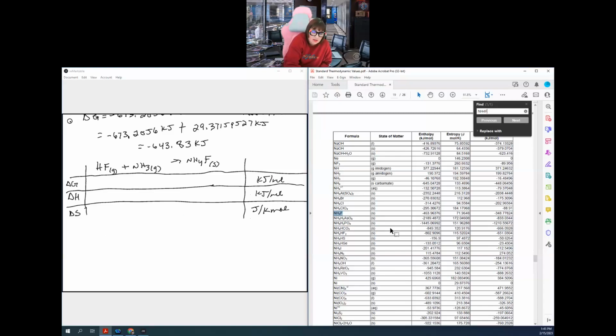Okay. So NH4F, delta G on that is negative 348.77824. The S on that is 71.9648.